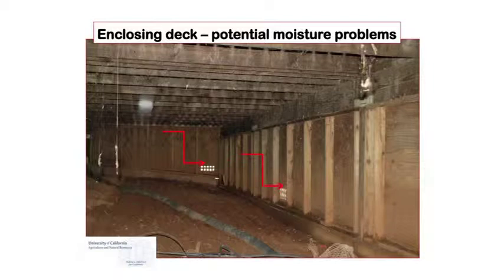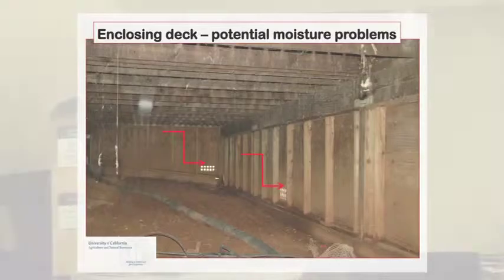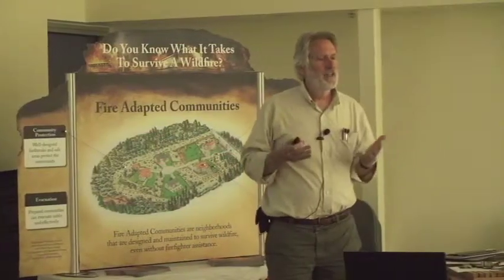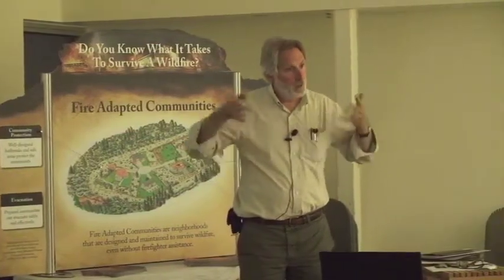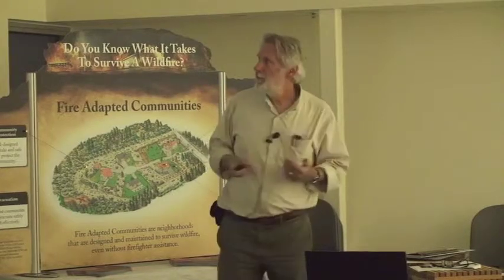enclosing the deck. If you enclose the deck and you have an open deck board kind of a deck, deck board with gaps where water can go through, and let's back up and say you're in a place where it rains some, then you don't want the deck to develop rot problems because you don't get rid of the water that's going to accumulate in that underdeck area.